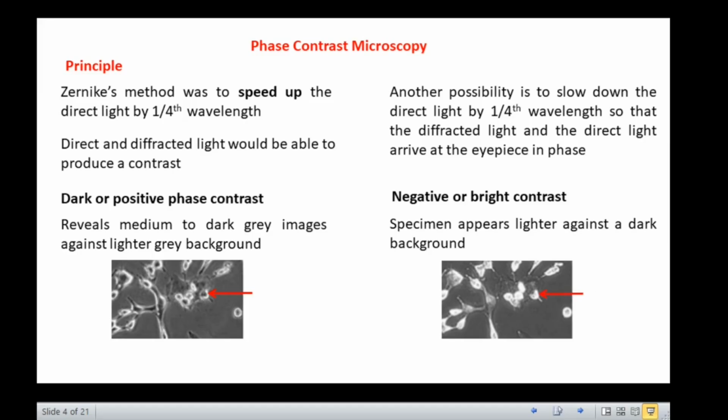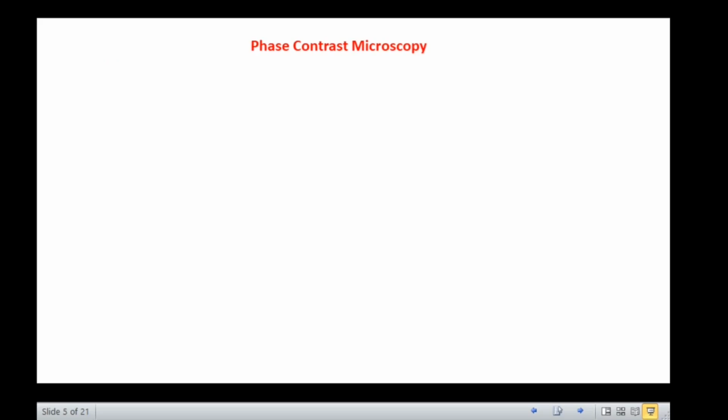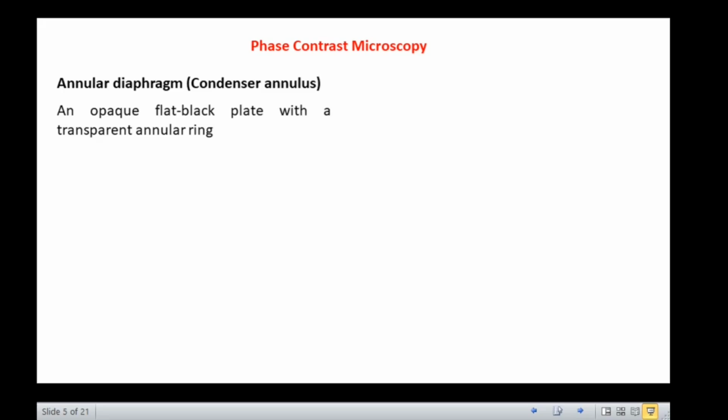To develop a phase difference, it is necessary to separate the light beams interacting with the specimen from those that do not encounter the specimen. This is obtained by two additional plates, namely the annular diaphragm and the phase shifting plate. Let us talk about the annular diaphragm first.